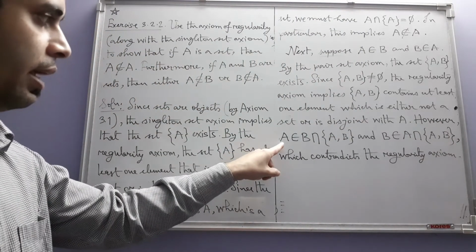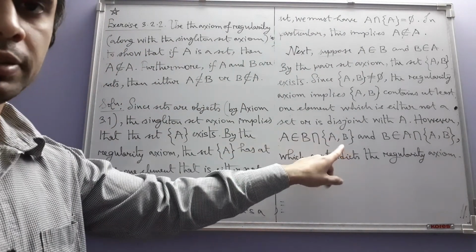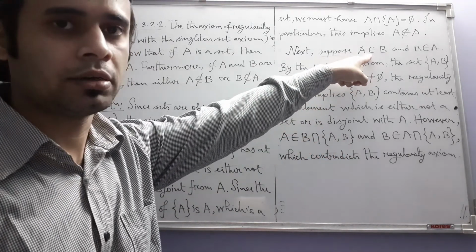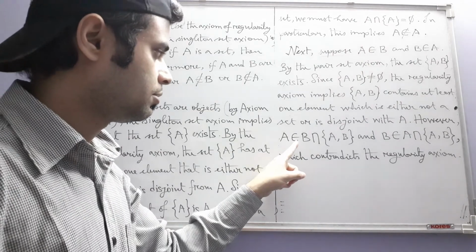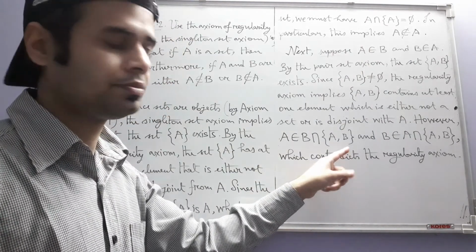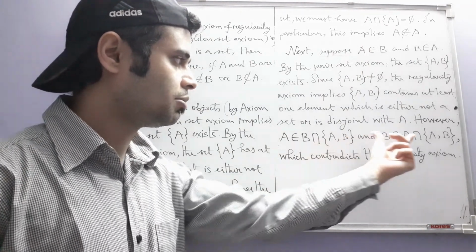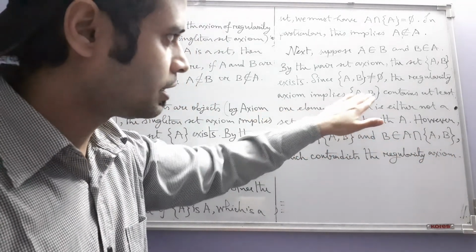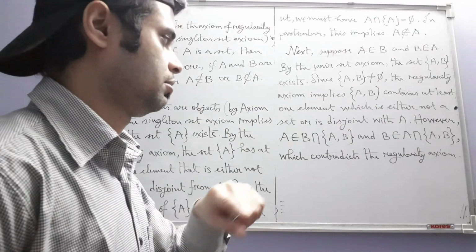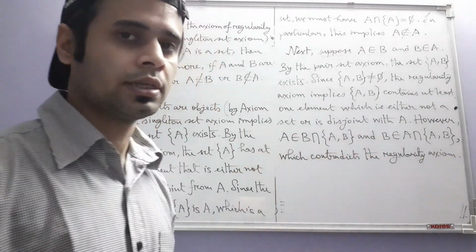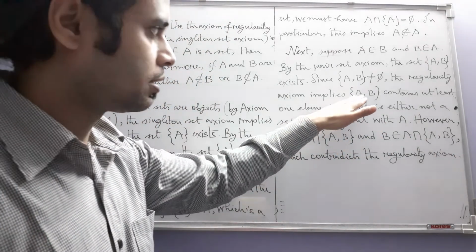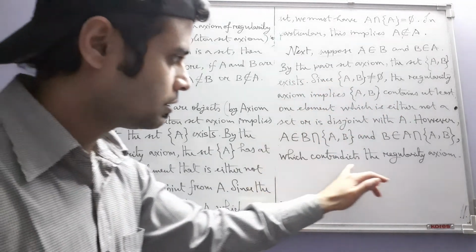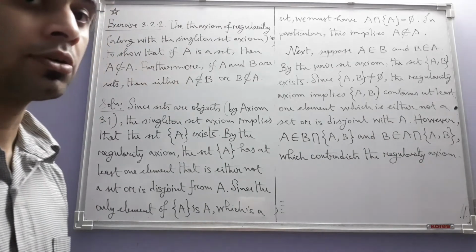You see, A is an element in {A, B}, there is no doubt about that, but A is also an element of B by our supposition. So this intersection is non-empty. Similarly, this intersection is also non-empty. So this set has no element which is disjoint with the set. And since the only elements in this set are themselves sets, the regularity axiom has been contradicted.